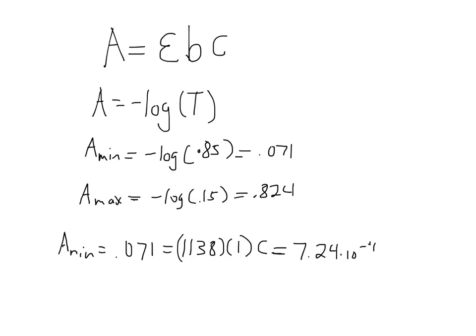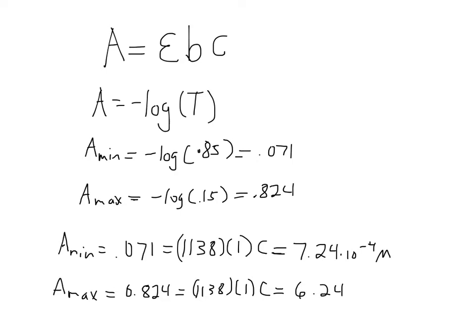For the higher absorbance, you do the same equation but with a different absorbance value. The equation is the same, but in this case the concentration comes out to be 6.24 times 10 to the negative 5th.